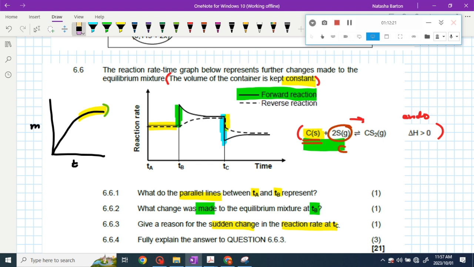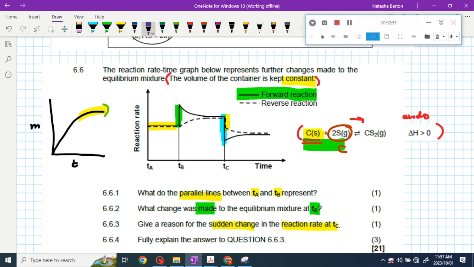What we are seeing here is that both reaction rates decrease. So the rate of the forward and the reverse reaction decrease. That is an observation that we are making. It wasn't told to us on the paper. Just like previously, where they asked to explain in Le Chatelier's principle, I said to you guys, start off by saying that an increase in volume decreases the pressure, because that is your observation.